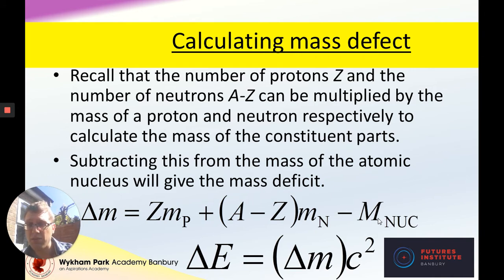That's going to be our mass defect. Then the binding energy, the change in E, is the change in mass times c squared, where c is the speed of light, 3 times 10 to the 8. If the formula helps, amazing, brilliant, great. If you just want to think about what's going on, that's probably the easier thing to do.